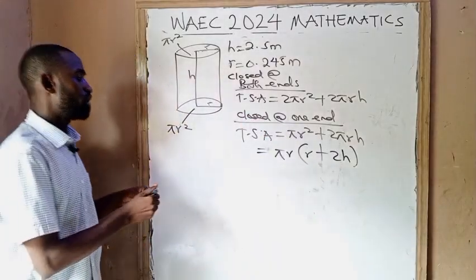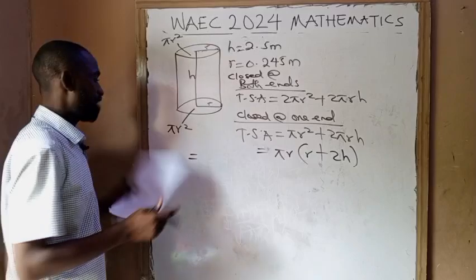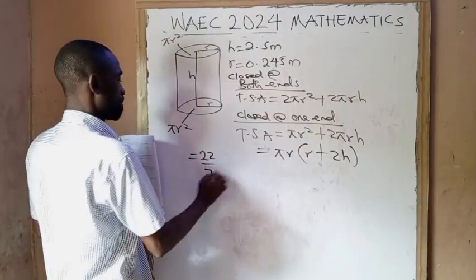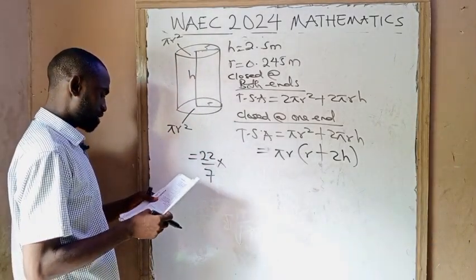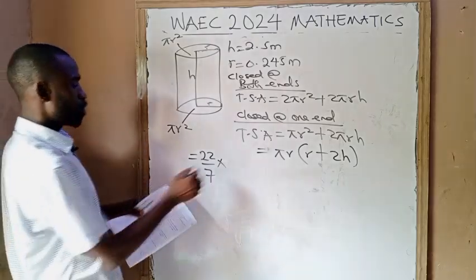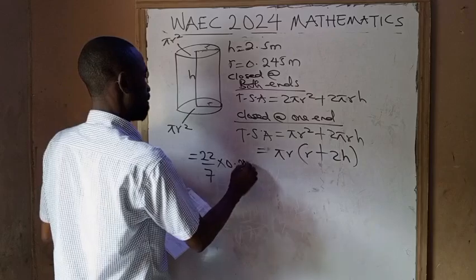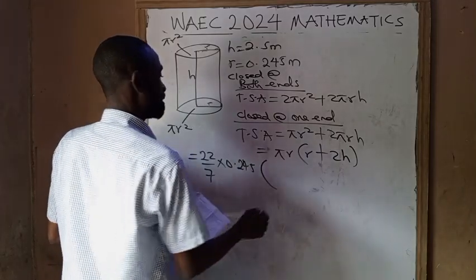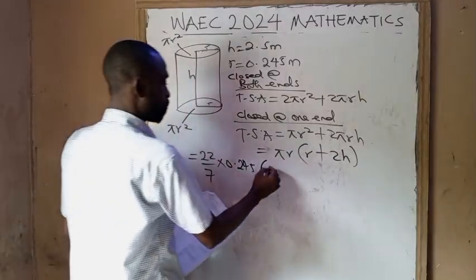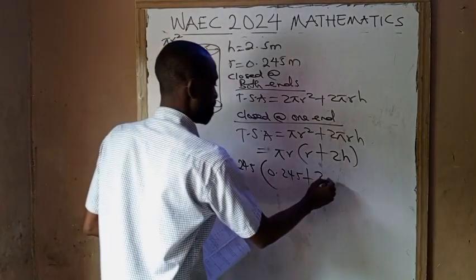Now pi is given as 22/7. So 22/7 times our radius, 0.245, open bracket, radius 0.245, plus our height 2.5.